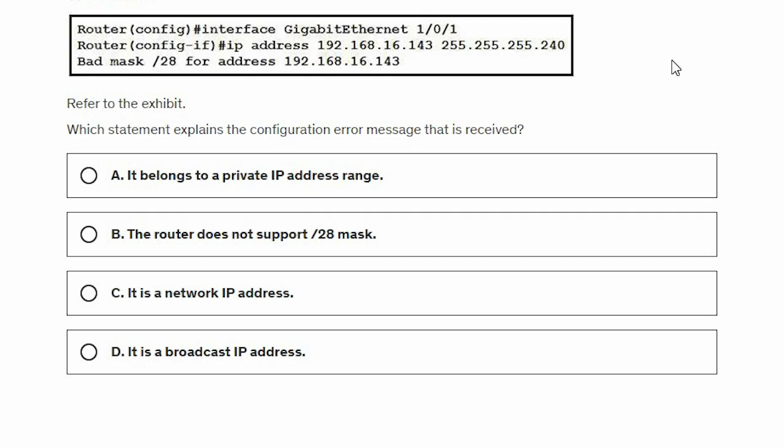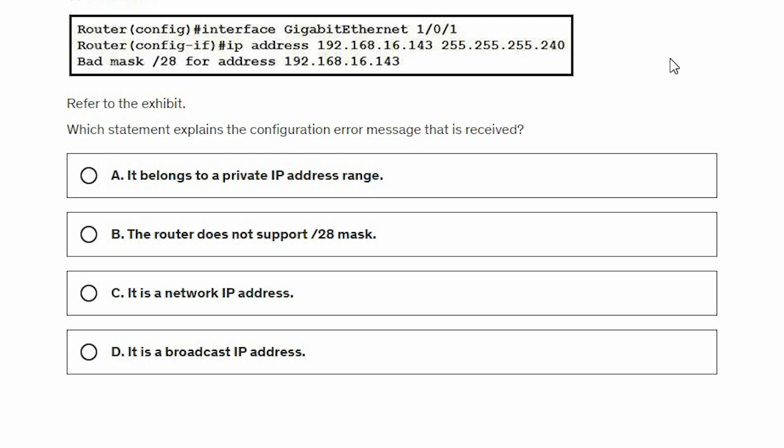Remember to pause the video, then answer this question. Answer number 1. It belongs to a private IP address range. Answer number 2. The router does not support a /28 mask. Answer number 3.